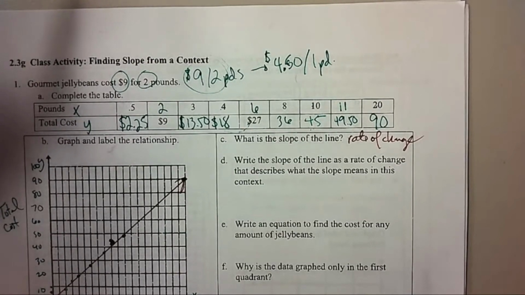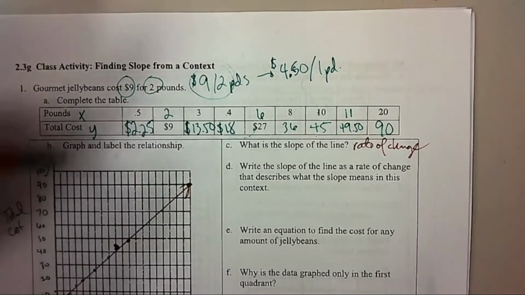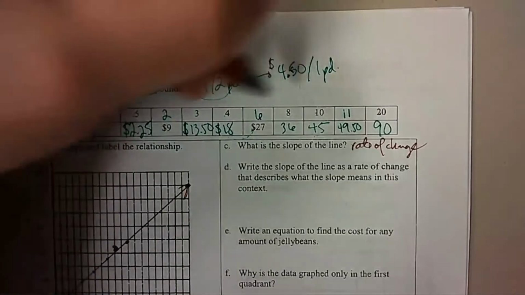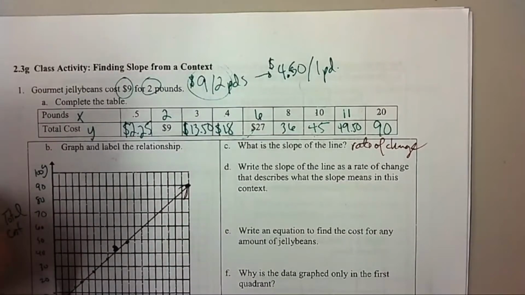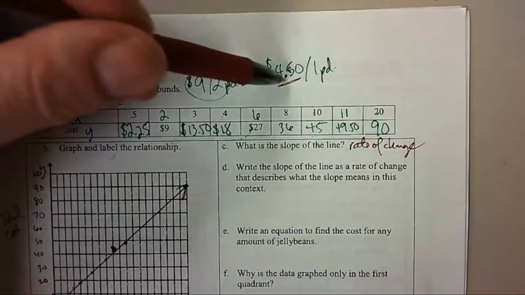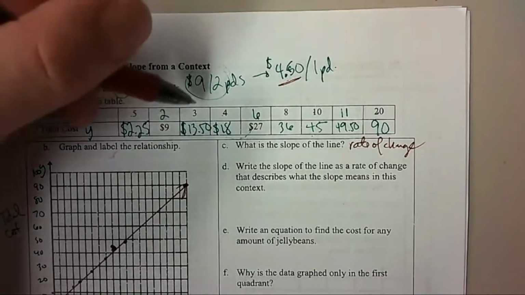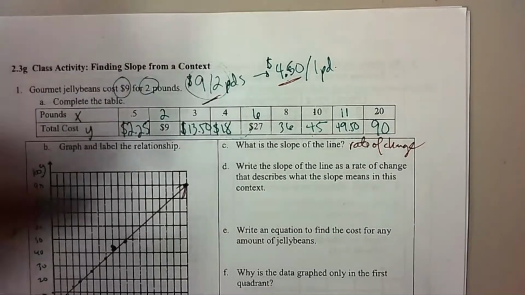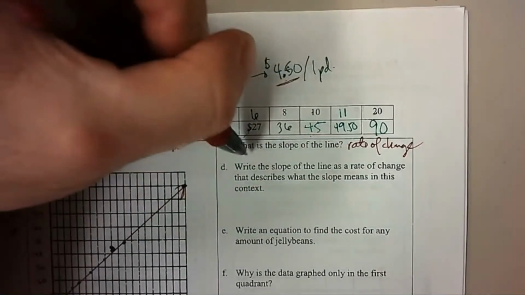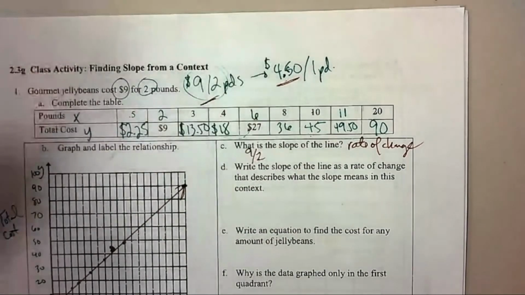Okay, so we could say that, or we could say $4.50 for 1 pound. The funny thing about slope is that they don't like to have decimals in it. So the rate of change might be $4.50 per 1 pound, but the slope, we're going to leave as whole numbers. So it'd be 9/2, and we're just going to write it like that, 9/2.